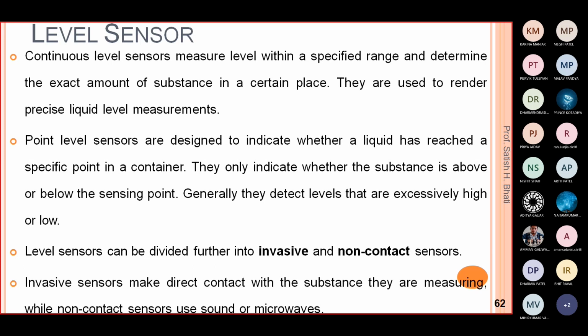Here the level sensor will tell you the level of the material inside the container. In non-contact sensors, we are using two types of waves. One is ultrasonic and the second is microwave.